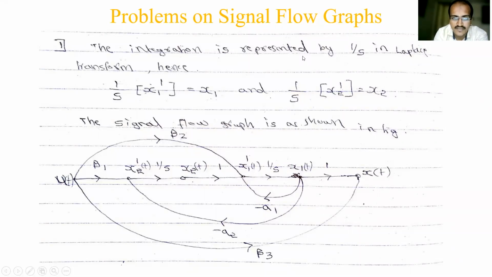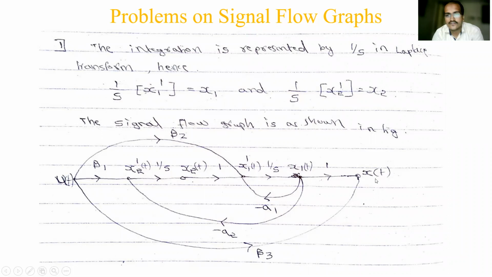So 1 by s times x1 dash is x1. You know that x1 dash is a differentiation, and if you take integration, you will get x1. So in the Laplace domain, 1 by s is written. Similarly, 1 by s times x2 dash is equal to x2. This is required to write the flow here.